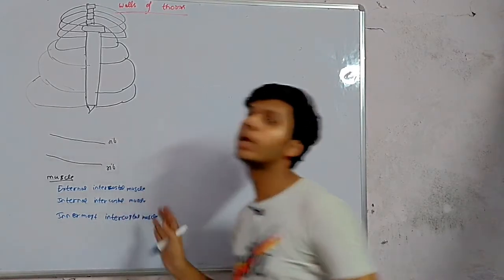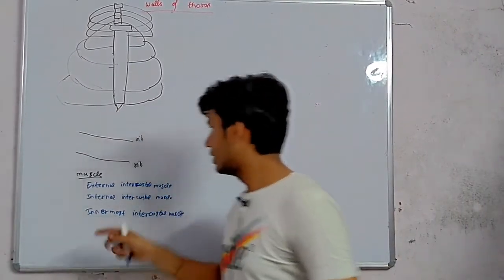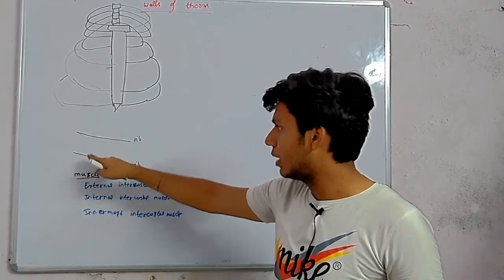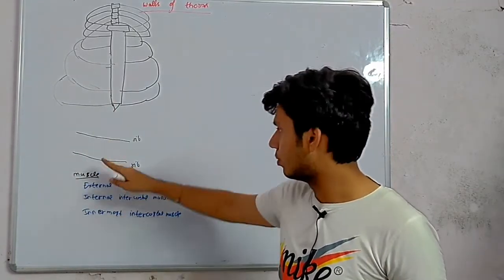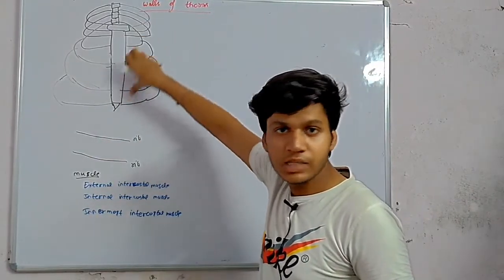These are the three main muscles of thorax. Done. These muscles present between two ribs arise from the upper rib and insert in the lower rib. Between two ribs. So here 12 ribs present.